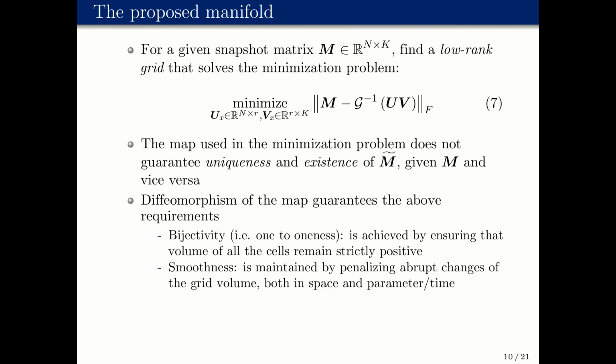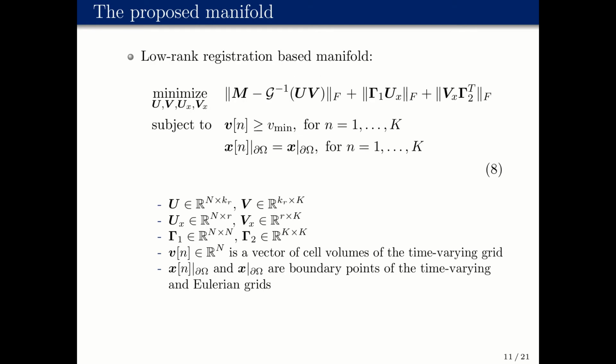And then we are going to have the final form of the equation in 8, the low-rank registration-based manifolds. So once again, we are minimizing over Ux and Vx, which is going to be our time or parameter varying grid. We are also minimizing over U and V, which are the temporal and spatial bases of this latent variable, the mapped solution, the mapped snapshots. We are minimizing that distance.